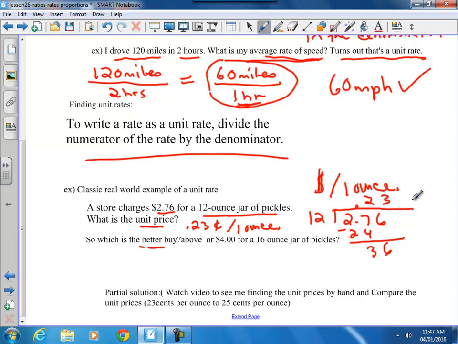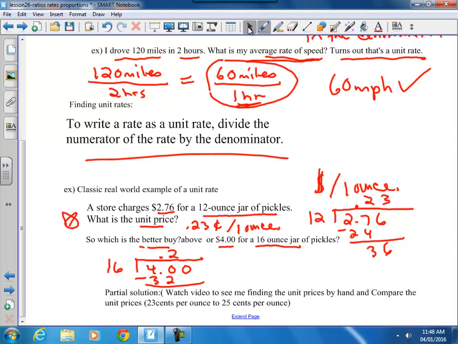Now it says, so which is the better buy? This above situation or $4 for a 16-ounce jar of pickles? Well, let's try taking 16 ounces into $4. Well, 16 goes into 40, about twice, right? Draw the line and subtract.